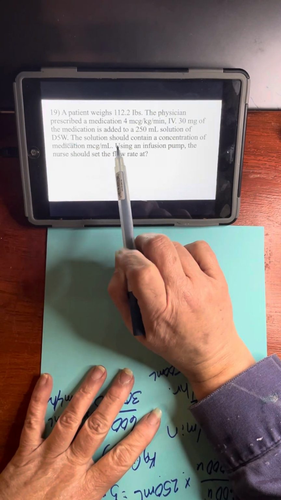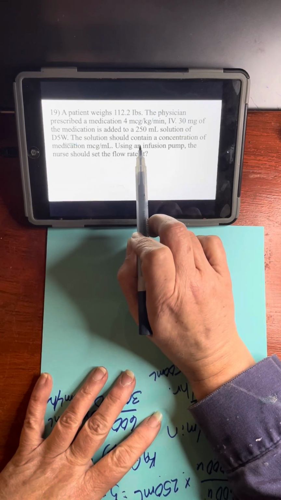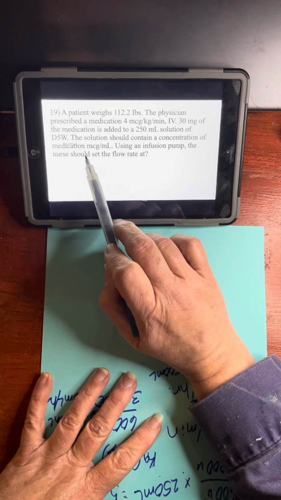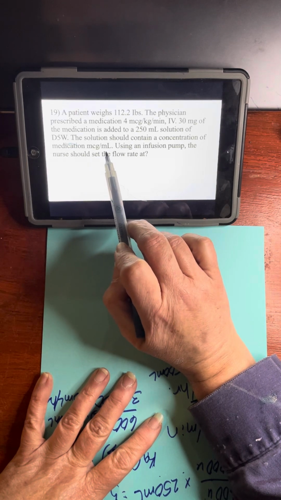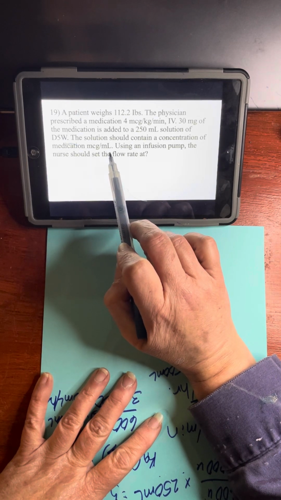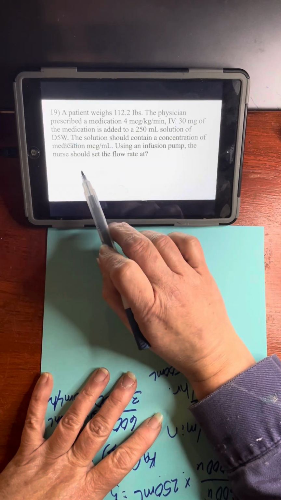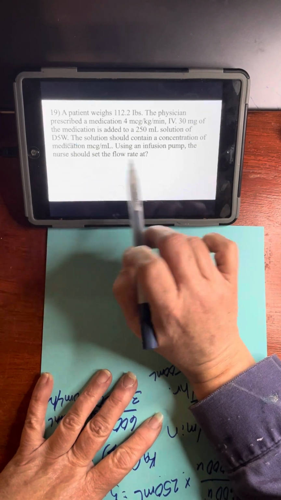The solution strength contains a concentration of medication micrograms per milliliter. Okay, using an infusion pump, the nurse should set the flow rate.